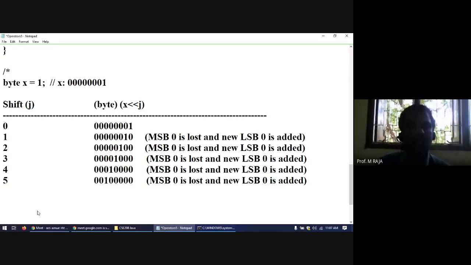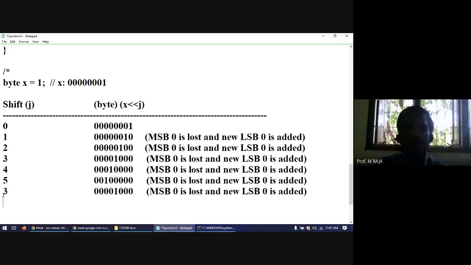And in the 6th shift, what happens? Shift number 6. This is 0, 5th position. Then 1, 2, 3, 4, 5, 6, 6th position. Now the 7th bit has been set to 1.